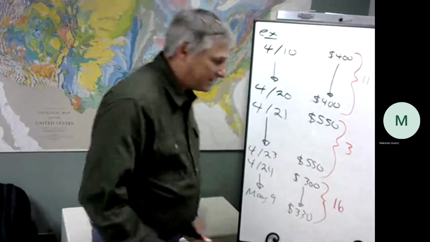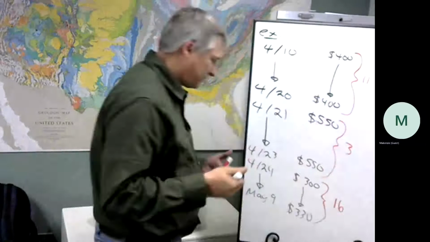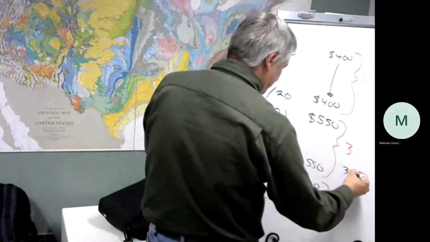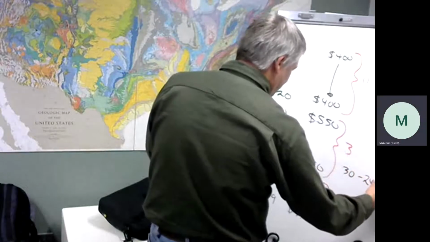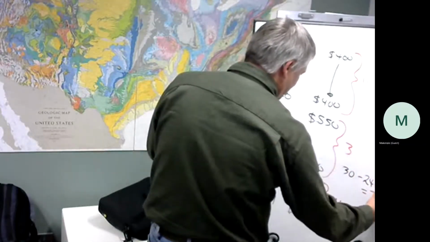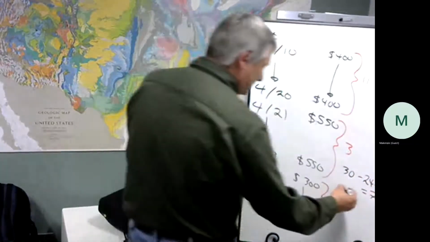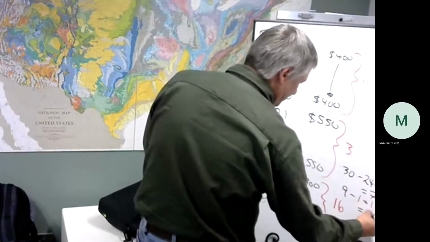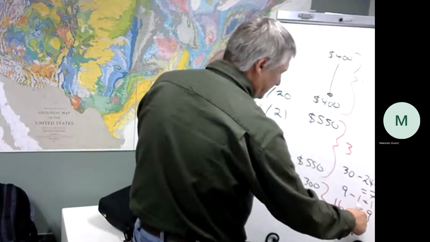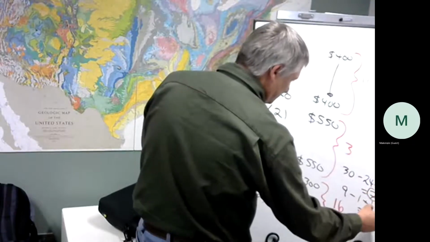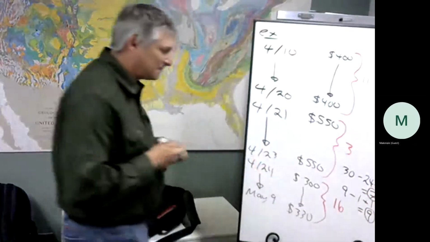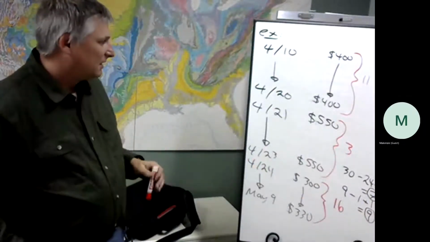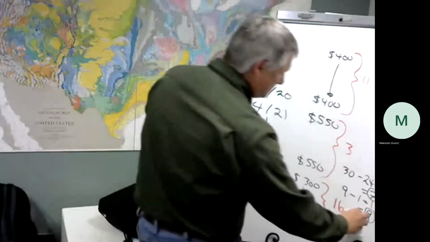April has 30 days in it, so you take the 30th minus the 24 plus 1, that'll be 7, and for May 1st to May 9th, it comes out to 9, and then 7 plus 9 gives you 16. So this is how we can do this.